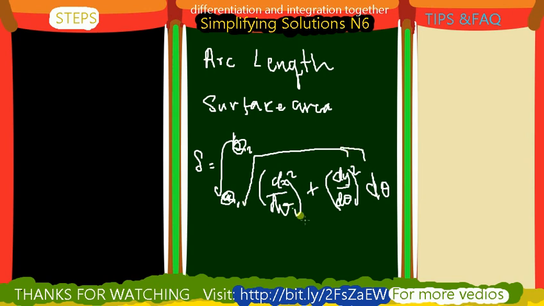So we have something like this as our arc length equation. Because these are parametric equations, we'll be given two equations for this. You have to derive x in terms of theta and y in terms of theta.